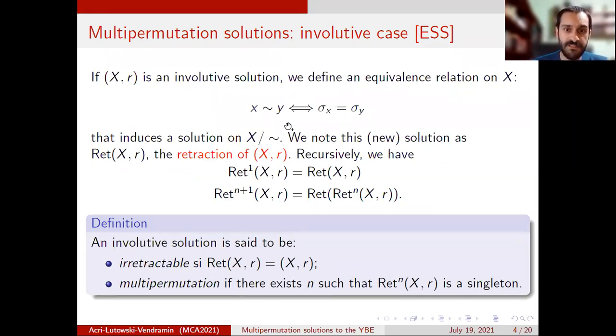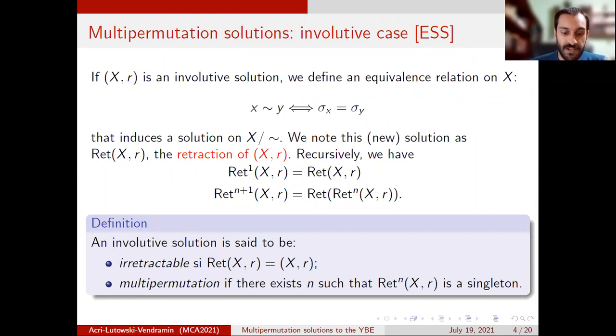We can define this equivalence relation: two elements are related if and only if they induce the same permutation sigma. So we have an induced solution on the quotient of X by this relation, which is the retraction of the solution.